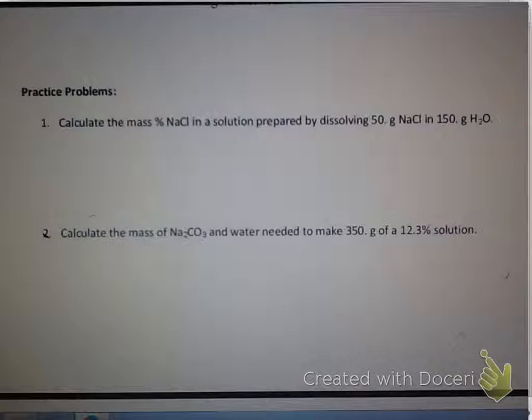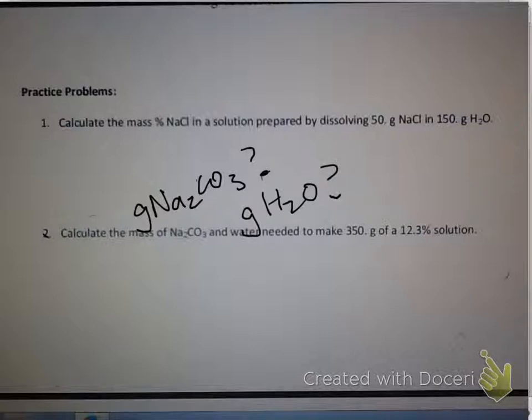We're asked to calculate the grams of sodium carbonate and the grams of water. So we're asked to calculate two different things. We're probably going to do this stepwise. Whenever you're asked to calculate more than one thing, you always calculate one thing first, and then you'll usually draw from that information to calculate the other.